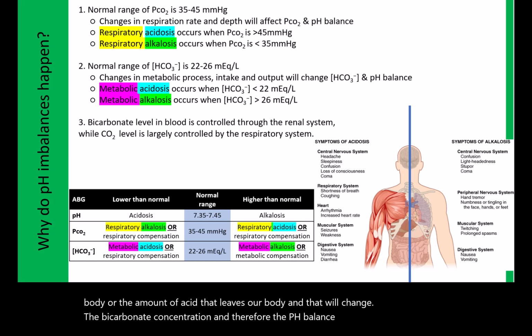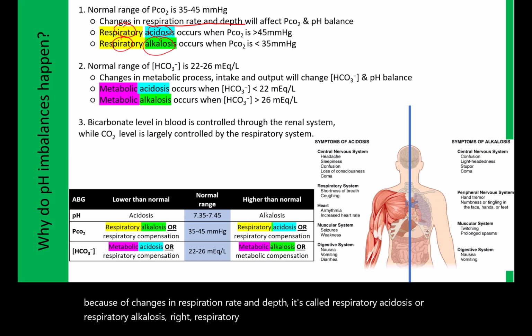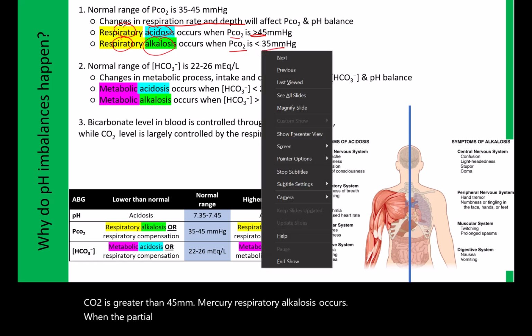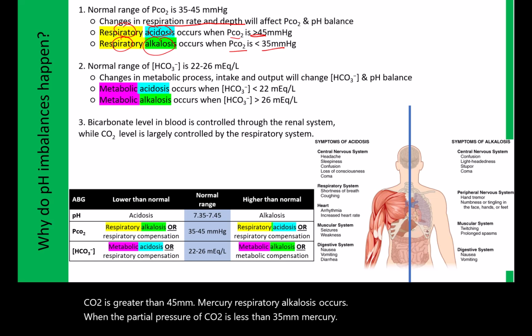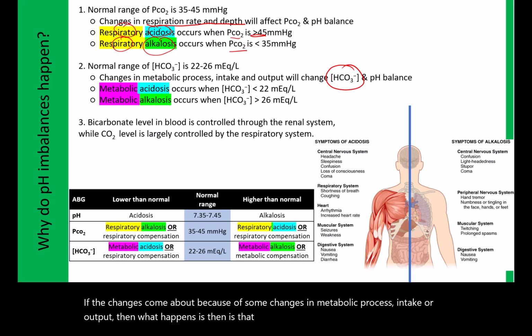So if those changes are because of changes in respiration rate and depth, it's called respiratory acidosis or respiratory alkalosis, right? Respiratory acidosis occurs when the partial pressure of CO2 is greater than 45 millimeters mercury. Respiratory alkalosis occurs when the partial pressure of CO2 is less than 35 millimeters mercury. If the changes come about because of some changes in metabolic process, intake or output, then the bicarbonate levels will change.